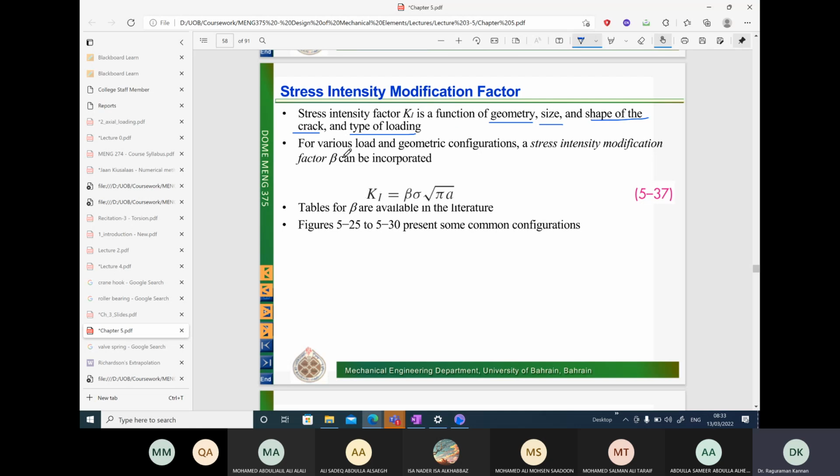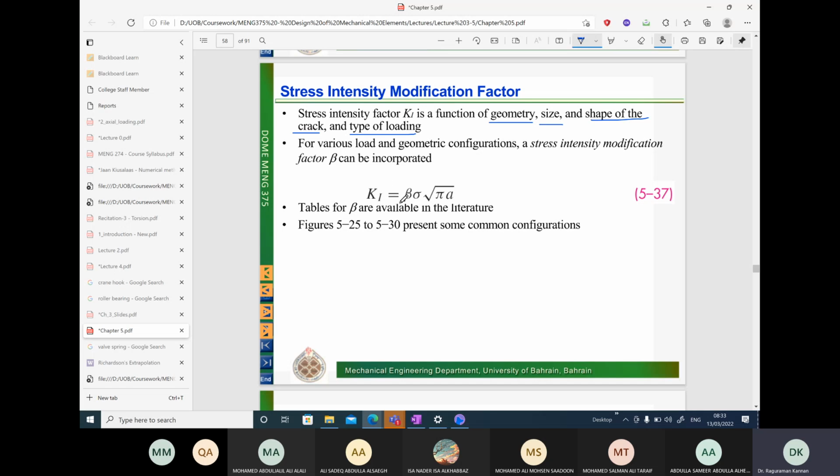You may have different geometry for your component: a cylindrical component, a plate, or maybe an axial bar. Depending upon the geometry, the Ki value, when calculated through, let's say, simulations, will give you different values.